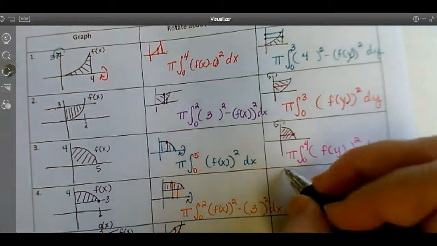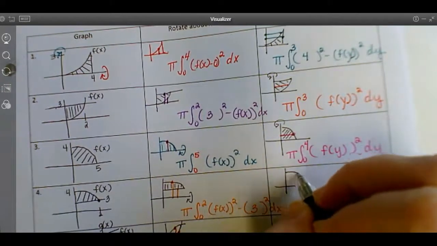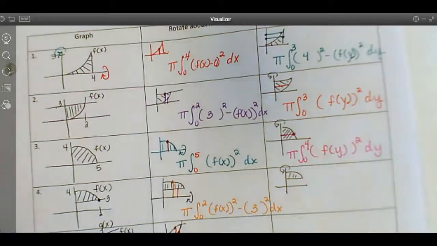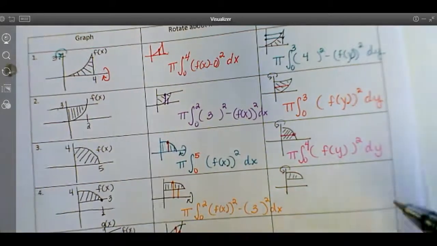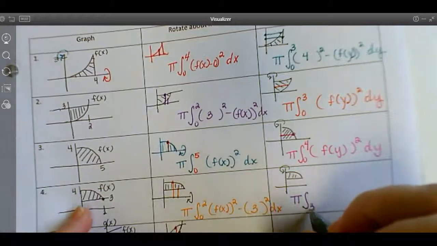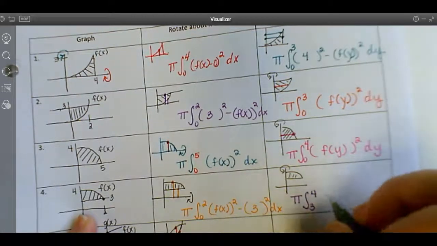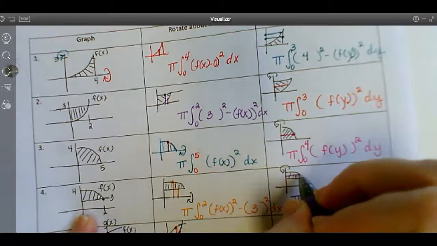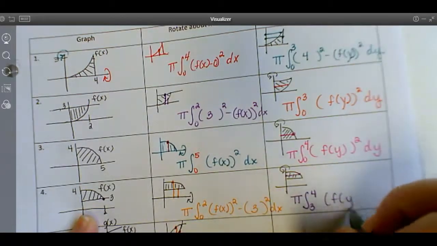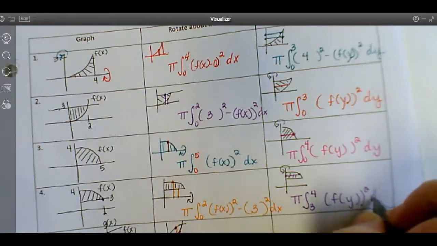Number 4, the picture looks very different because it's not on the x-axis, but I will tell you the process is exactly the same. There's still not a hole. The only thing that changes is that it would be from 3 to 4 instead of 0 to 4 like the last one. But still no hole, and we're still coming from 0 to the function, so that's just f of y squared.